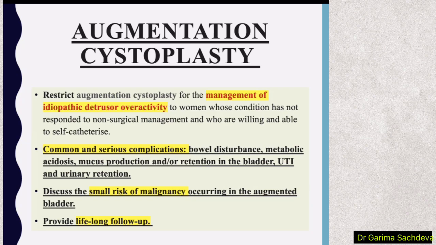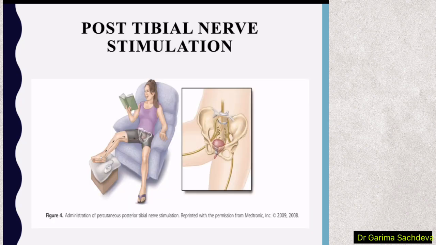There are common and serious complications: bowel disturbances, metabolic acidosis, mucus production and retention in the bladder, UTI, urinary retention, and there is also a small risk of malignancy, so the patient requires lifelong follow-up. It is a surgery of the bladder, so it has complications and is reserved as a last resort.